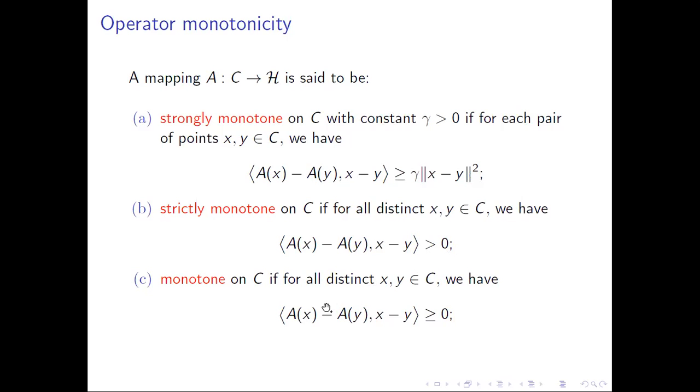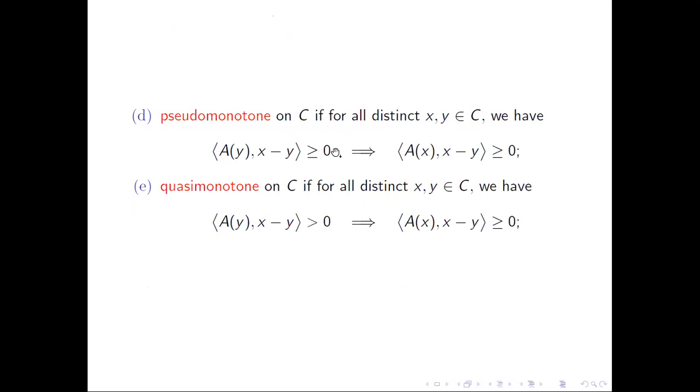Monotone if this inequality is greater than or equal to 0 for every x, y in C. We have pseudo-monotone if this inequality holding implies that this inequality holds for all x, y in C. And then we have quasi-monotone, which is a bigger class and contains all previous monotonicity definitions.